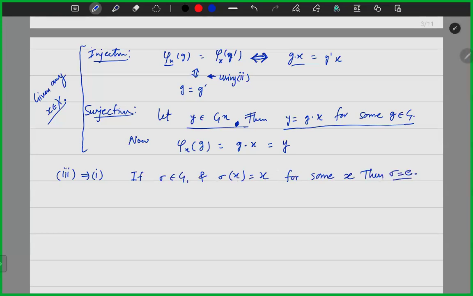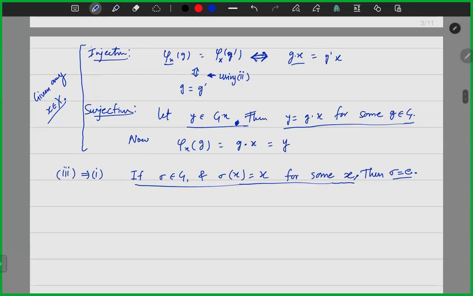Okay, no other element fixes anything. Good. Now for some x, this is given. We'll assume this and we'll show this. So sigma fixes some x.